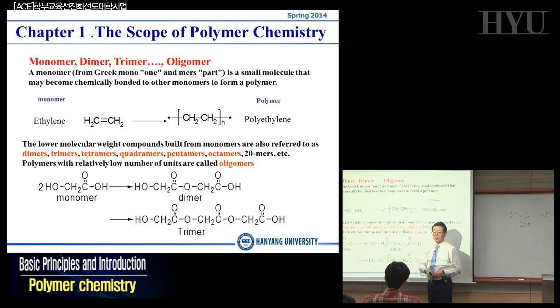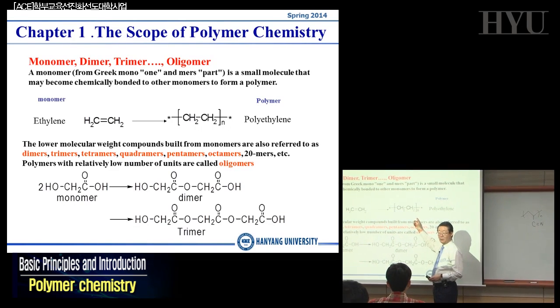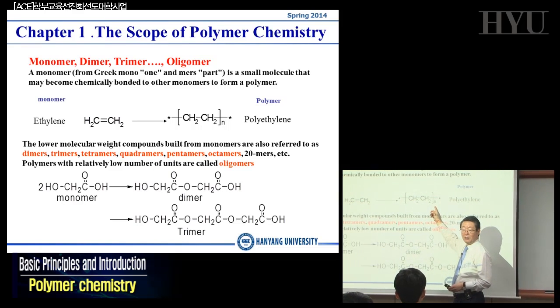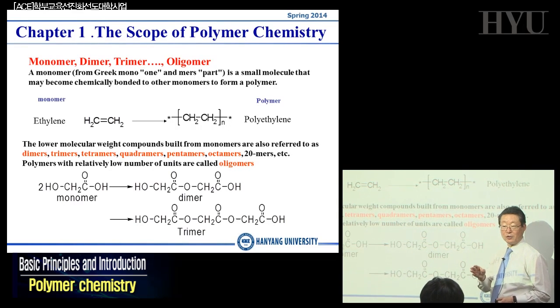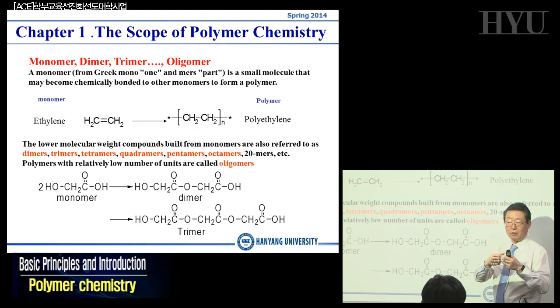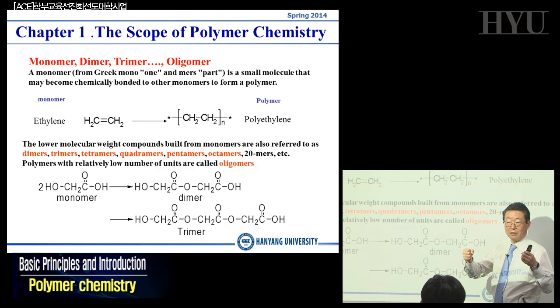Degree of polymerization. So if you know the molecular weight of these repeating units, and if you know the n, then you will know the total molecular weight of your polymer. Polymer molecular weight is not the same as monomeric molecular weight because it's repeating n times. n typically is over 200 to make your fiber, to make your polymer, to make your plastic film, to make whatever.